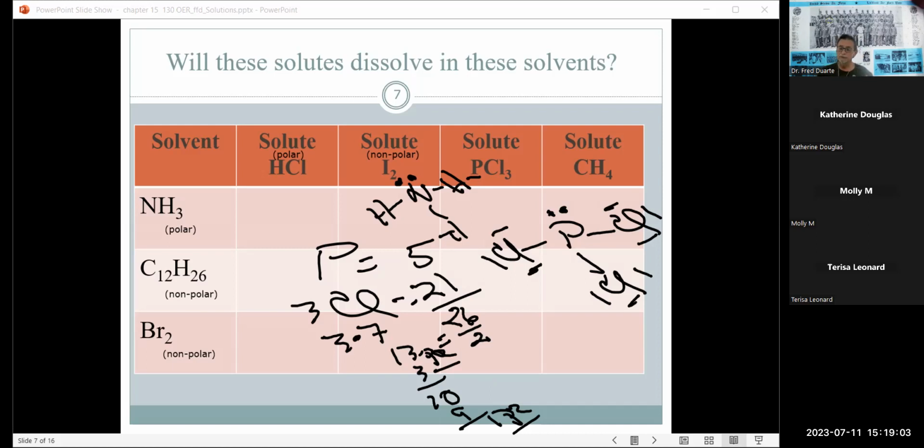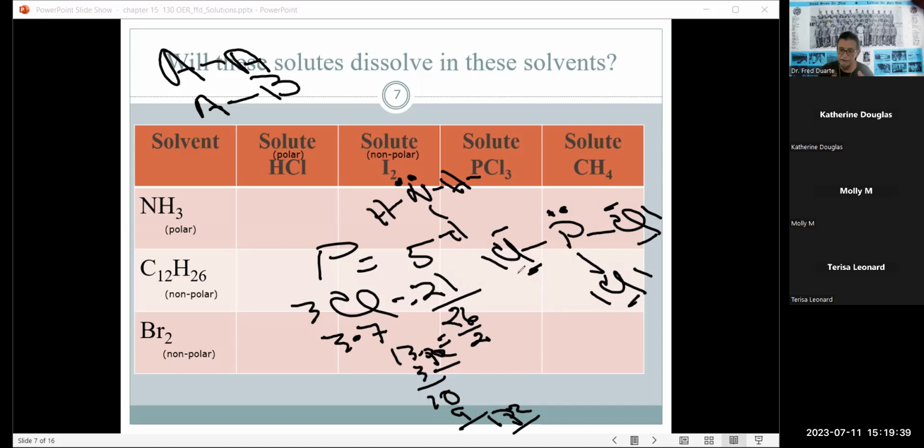We have phosphorus bonded to 3 chlorines. Take a look at 1 phosphorus and 1 chlorine. Is that represented by the AA scenario or the AB scenario? AA? Are you sure? Remember, AA represents atoms that are the same, A bonded to A, versus A bonded to B. Isn't that AB?